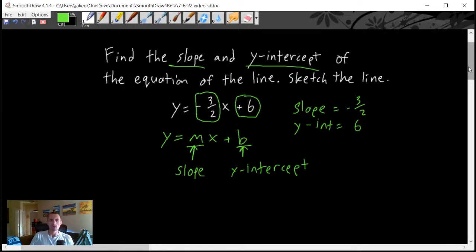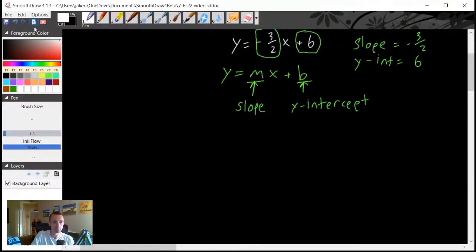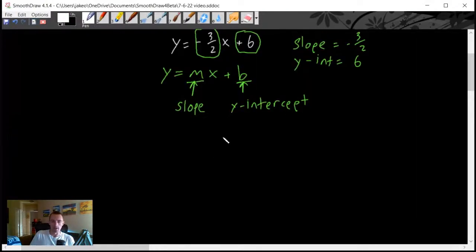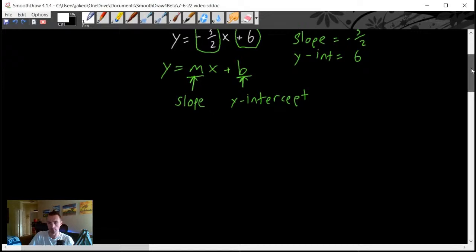Now what we need to do is go ahead and sketch this line. So let's start out just by drawing some xy axes here. Actually, I'm going to do this a little bit bigger.